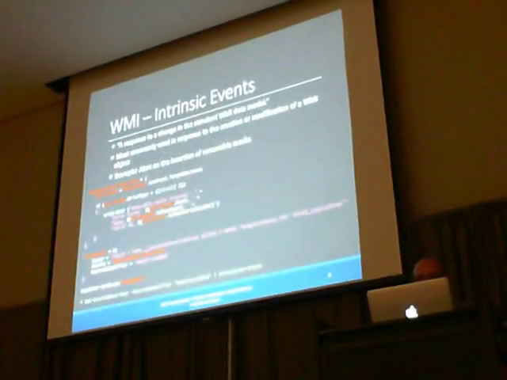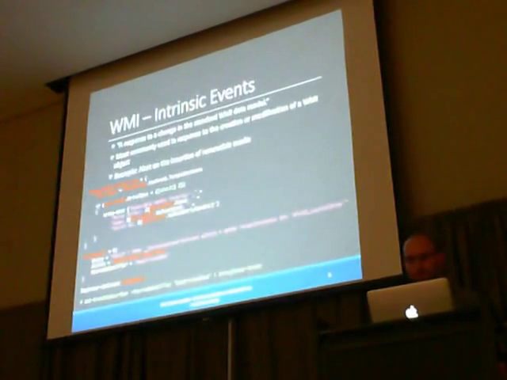Okay, so in this example here, I'm tapping into an intrinsic event. In this case, I'm interested whenever there's a new Win32 logical disk object, which I'm using to detect when a USB drive is inserted. So at the bottom in the arguments, I have my query. Select all, get all instance creation events within a 5-second polling interval, where the target instance is a Win32 logical disk.